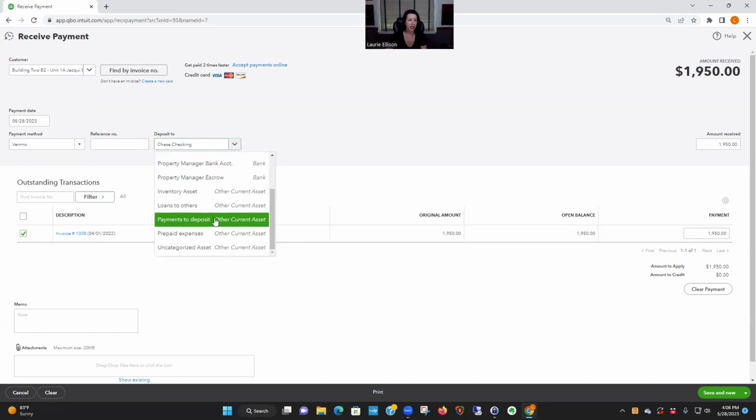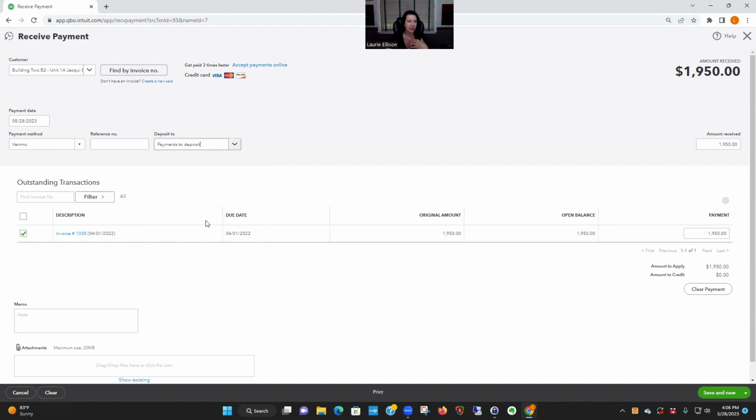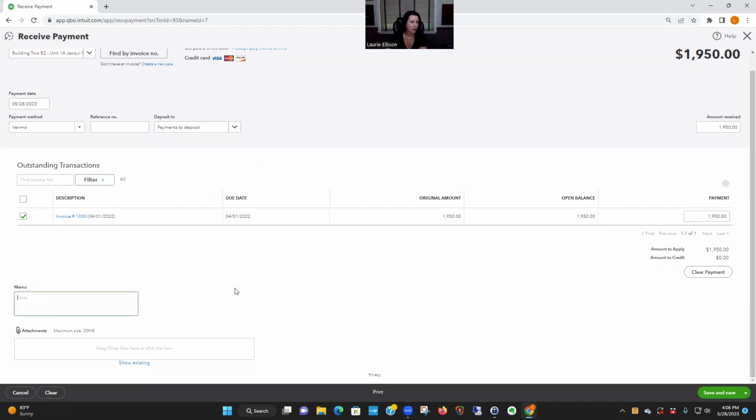You could be looking at your QuickBooks and it may say undeposited funds. They're creating this account, payments to deposit, as a dumbed down version, trying to make accounting sound more normal. So anyway, we're going to choose either undeposited funds or payments to deposit, depending on your QuickBooks.